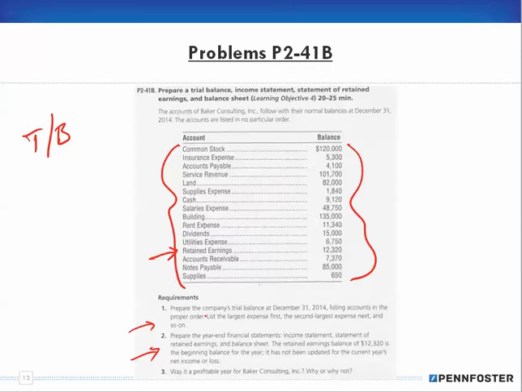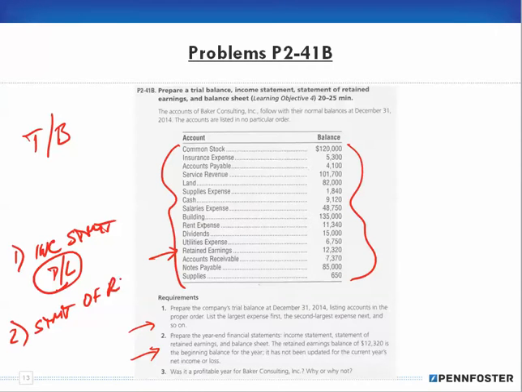But for right now, the first thing that you do when you create financial statements is, 1, you create the income statement. And when you create the income statement, you have a profit or loss. You use that profit or loss to create your statement of retained earnings.